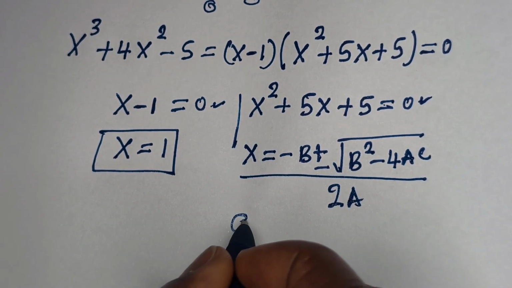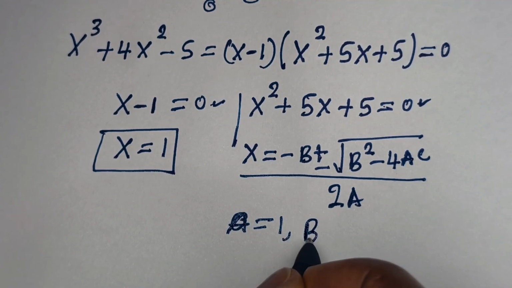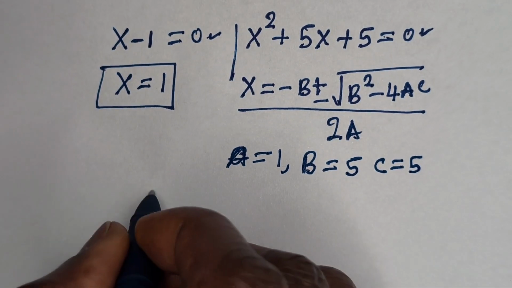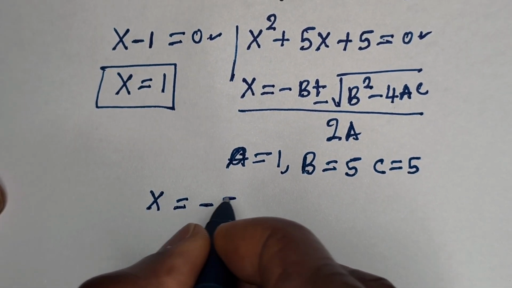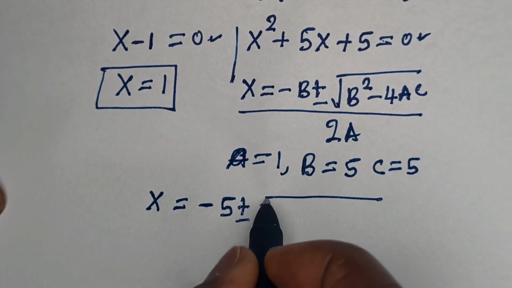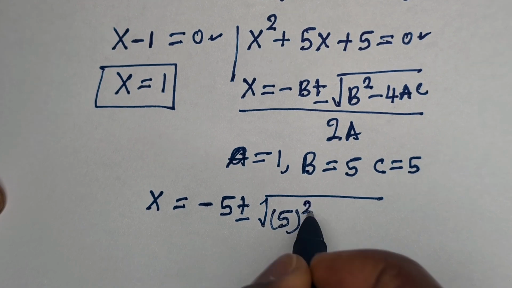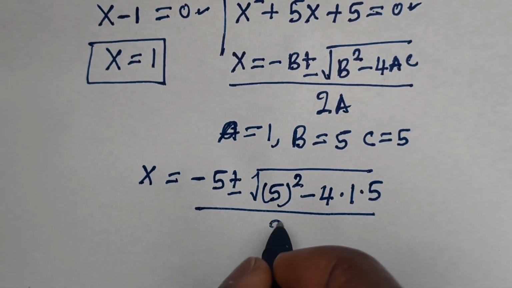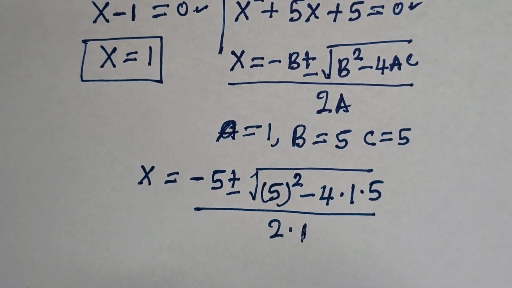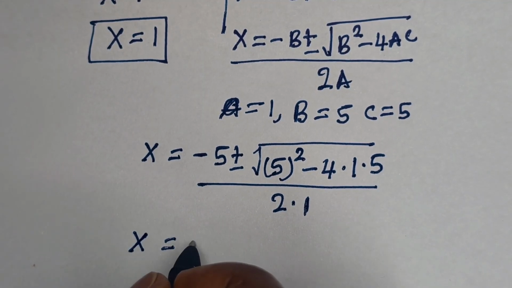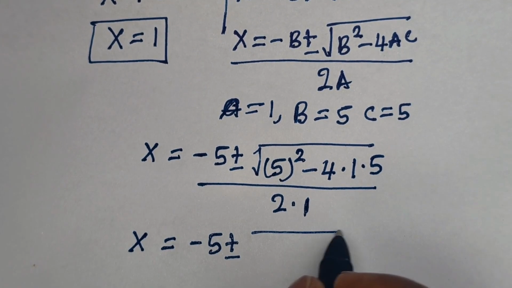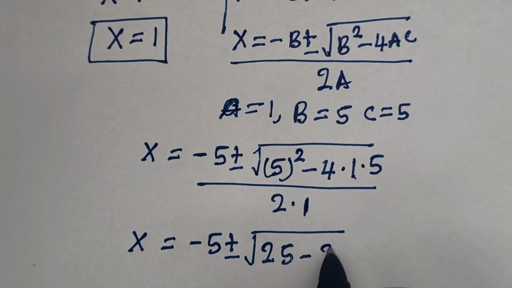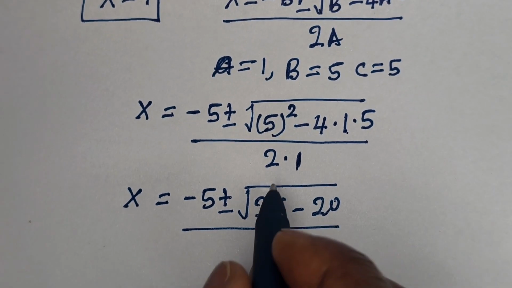And from this equation, a is equal to 1, b is equal to 5, c is equal to 5. s is equal to minus 5 plus or minus square root of 5 squared minus 4 multiplied by 1 multiplied by 5, over 2 multiplied by 1. s is equal to minus 5 plus or minus square root of 25 minus 20, over 2.